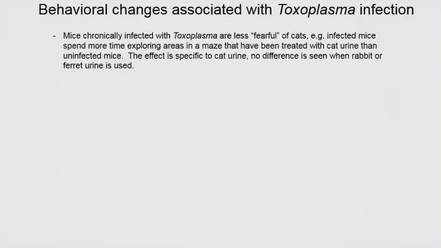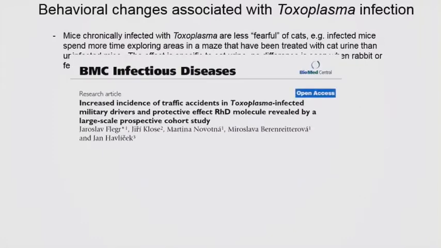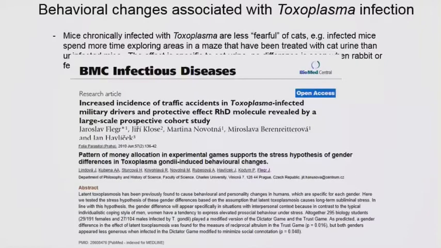So here's the mouse studies. And so some of the human studies have seen that increased traffic accidents for Romanian truck drivers that were toxopositive, so they're a little more reckless in terms of their driving if you've been exposed to the parasite. Less altruistic is another study where it saw an association.